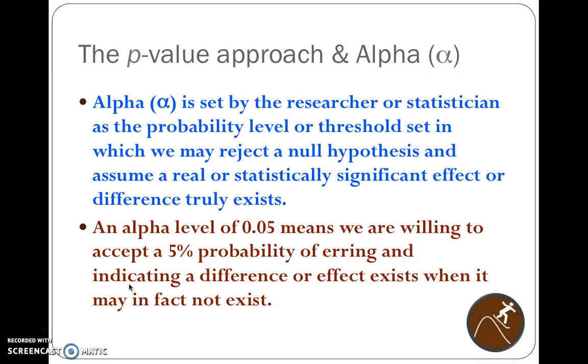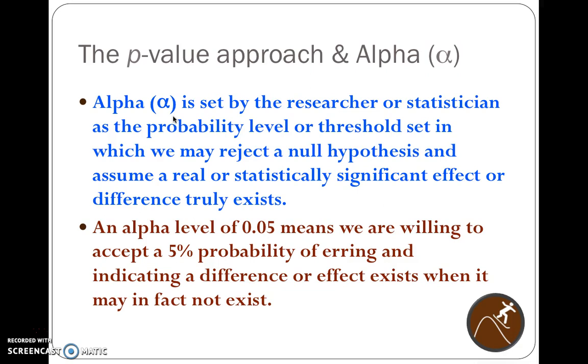Alpha, that's the Greek letter alpha, is supposed to be set by the researcher or statistician, often a priori before they do their analysis, as a probability level or a threshold that we may use to reject a null hypothesis and assume that there's some significant effect or true difference that really exists.